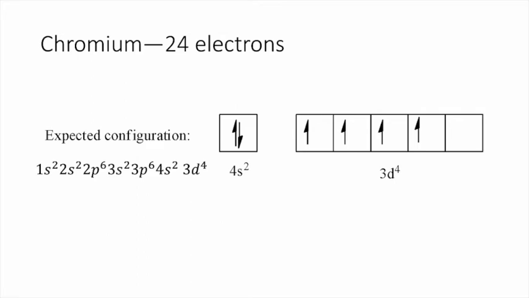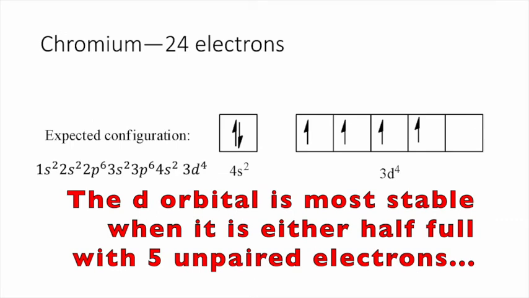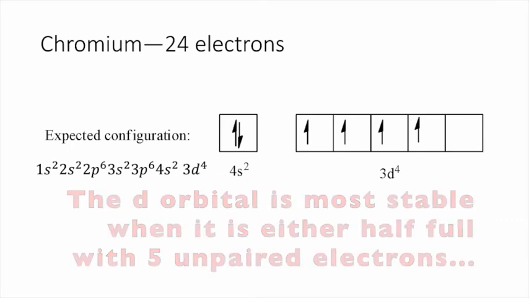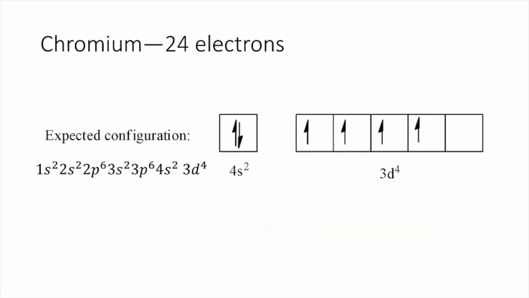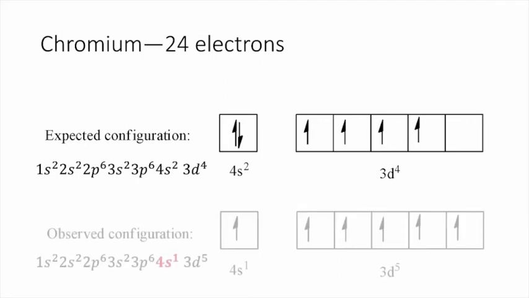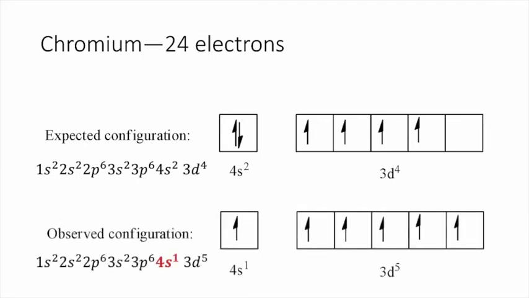It turns out that the d orbital is most stable when it is either half full with one up electron in each orbital, or when it's full with 2 electrons in each orbital. So when we get to chromium, instead of having 4 electrons in the 3d orbitals, it promotes one of its s electrons so that it can have 5 half-filled orbitals.